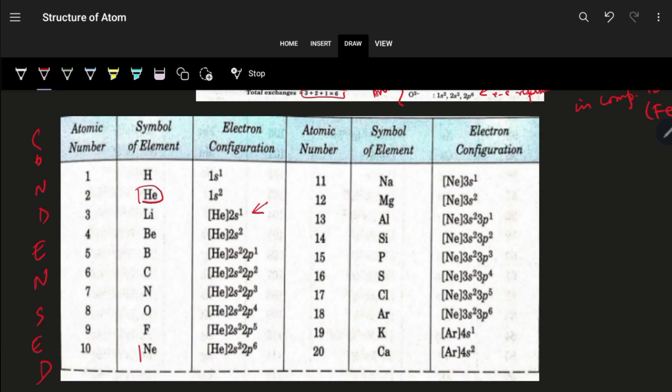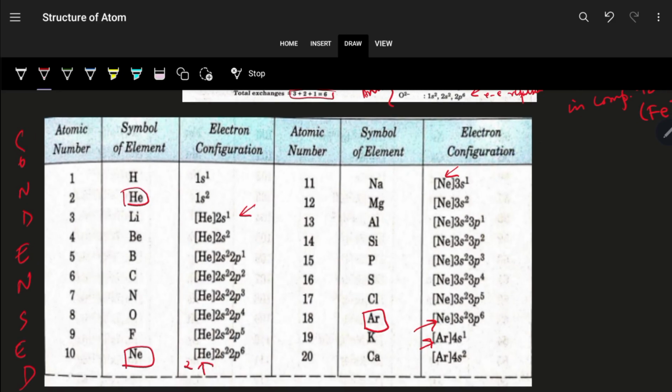The next noble gas is neon. So neon is expressed in terms of helium, but after neon, all other elements are expressed in terms of neon. Then comes argon, which is expressed in terms of neon, but after argon, all other elements are expressed in terms of argon. So you have to remember that helium means atomic number 2.